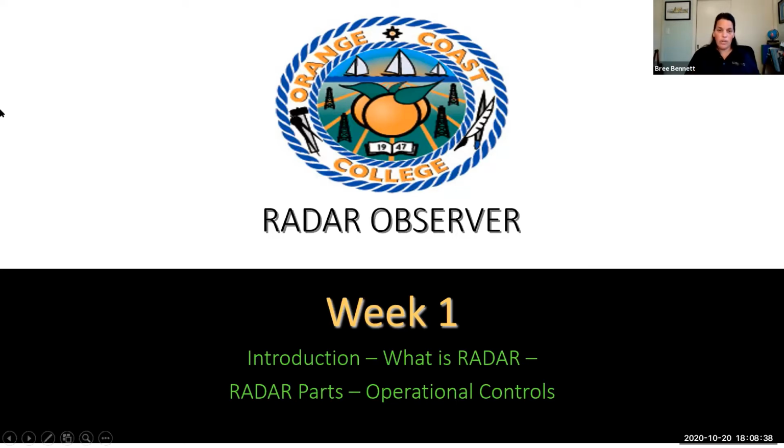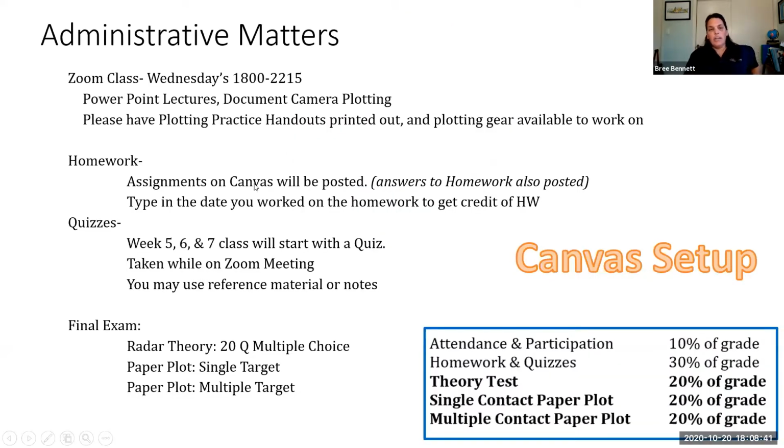Yeah, this is Radar. So we'll be doing Zoom each week here, and it's the same link. The link is on the Canvas page, but it's the same one that you use each time. I have PowerPoints that I'll use as well as talking with you guys.